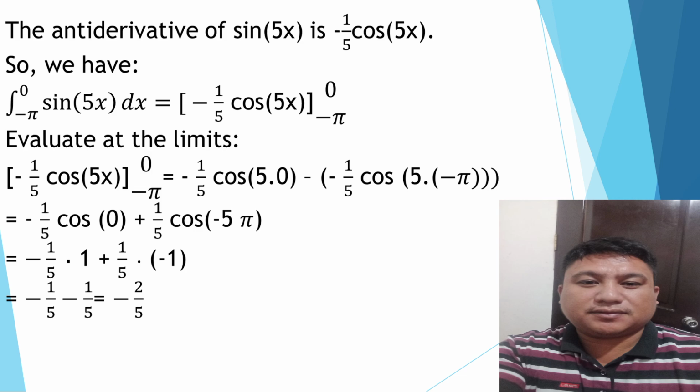Evaluate at the limits. Negative 1/5 cosine 5x from negative pi to 0 equals negative 1/5 cosine 0 minus negative 1/5 cosine of 5 times negative pi, equals negative 1/5 cosine 0 plus 1/5 cosine negative 5 pi, equals negative 1/5 times 1 plus 1/5 times negative 1, equals negative 1/5 minus 1/5 equals negative 2/5.